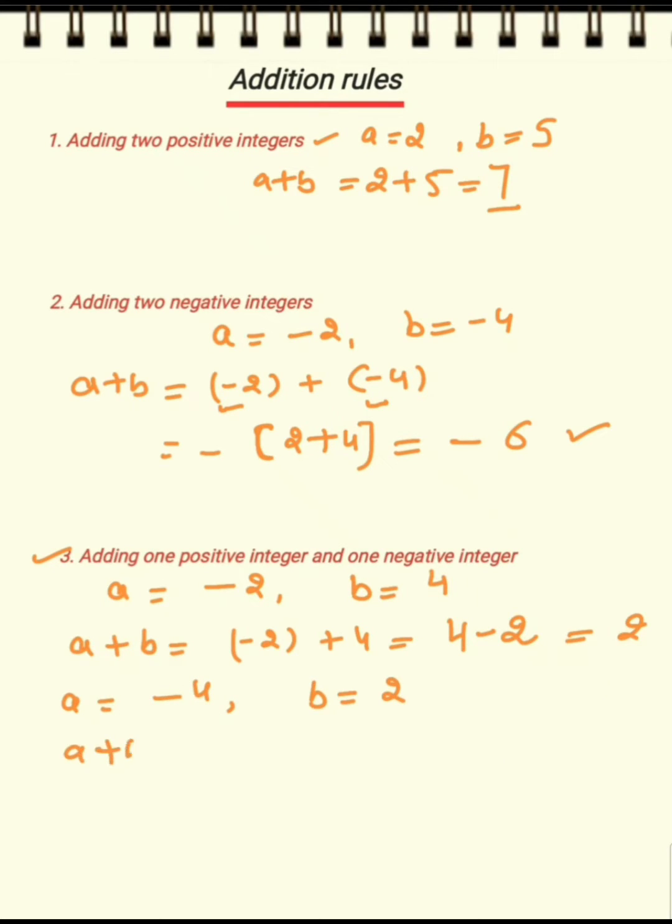Then a plus b is equal to negative 4 plus 2. So what we have to do? We have to subtract 2 from 4, but the sign of the bigger number will come in front. Means after subtracting 2 from 4, we'll get 2. 4 is greater than 2. So which sign will come? This negative sign will come here.